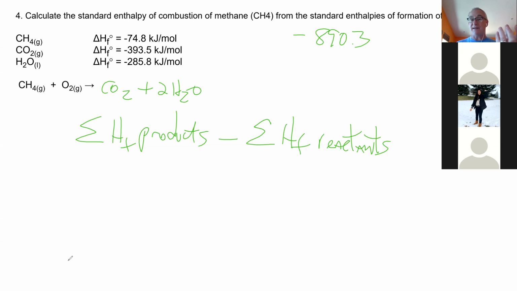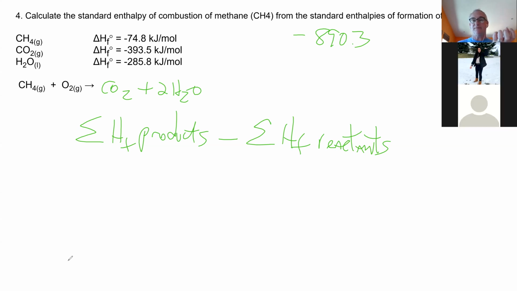When it comes to the reactants, we're doing the opposite of forming them. We're actually taking them apart, so we subtract those because we're busting them up. We're doing anti-forming. So we take all the products and we subtract all the reactants.